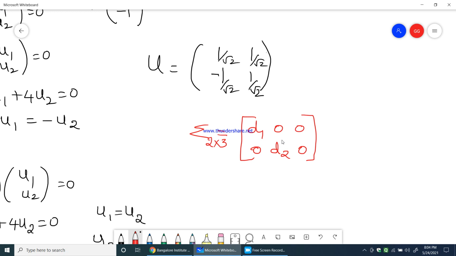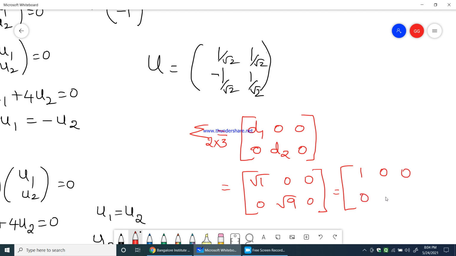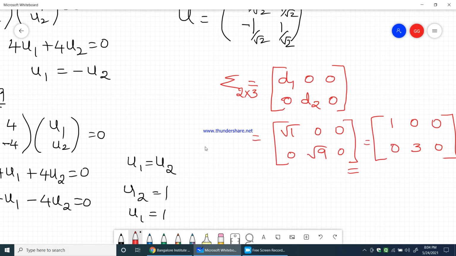So d1 and d2 will be square root of 1 and square root of 9. Therefore sigma is square root of 1, 0, 0, 0, square root of 9, 0, and we know square root of 9 is 3. So I end up getting 1, 0, 0, 0, 3, 0. Therefore you found sigma, you found u, you found v.